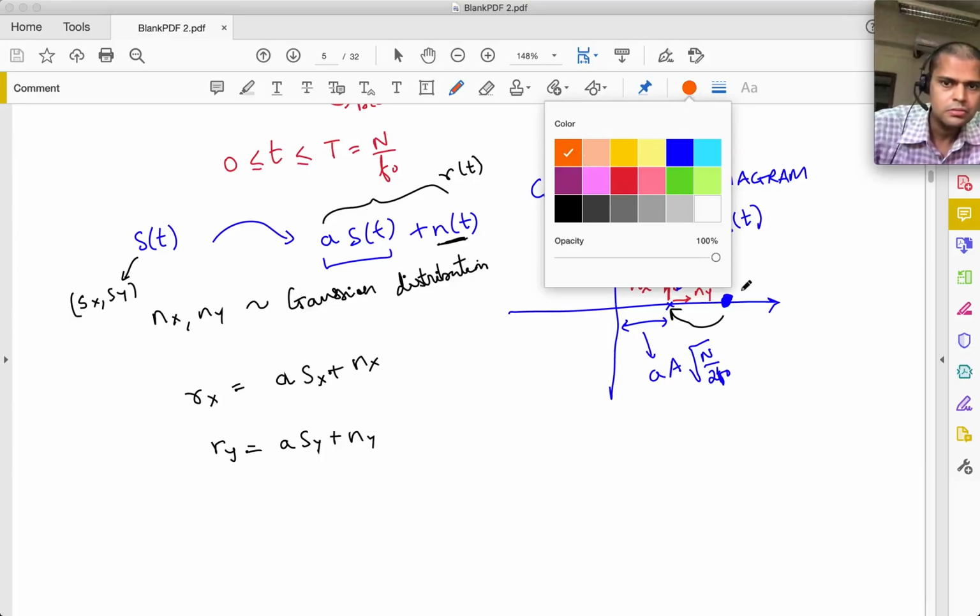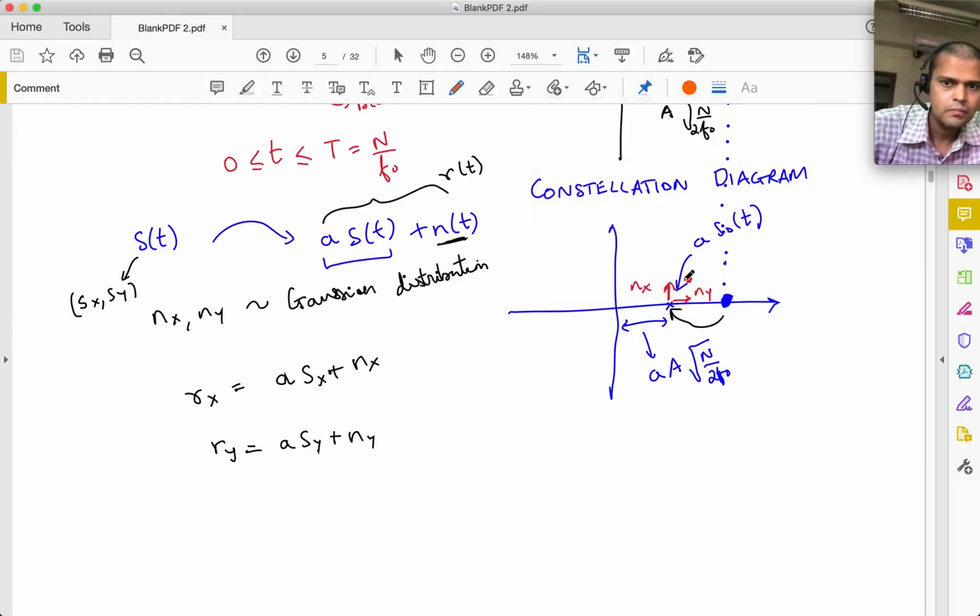Just to summarize what has happened: this is what I transmitted, but due to attenuation the signal essentially reduced in amplitude, so it went down like this. Plus some noise got added, both in x and y coordinates, so it got pushed to this orange dot over here. Let's say this is Rx, R1.